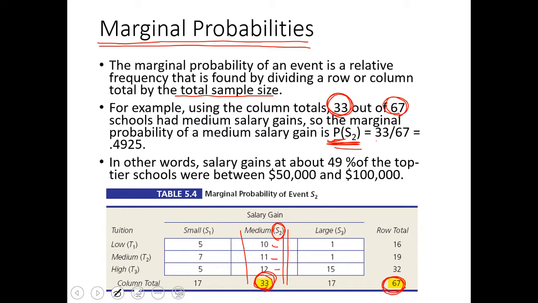So the probability that a business school graduate has the medium salary is 33 divided by 67, which is 0.4925. So in other words, 49% of the top tier schools have a salary between 50K to 100K.